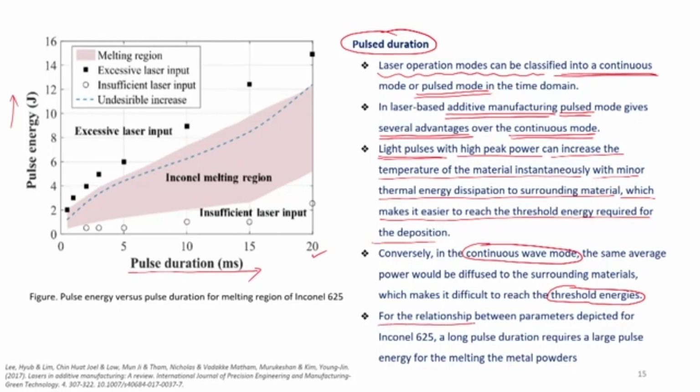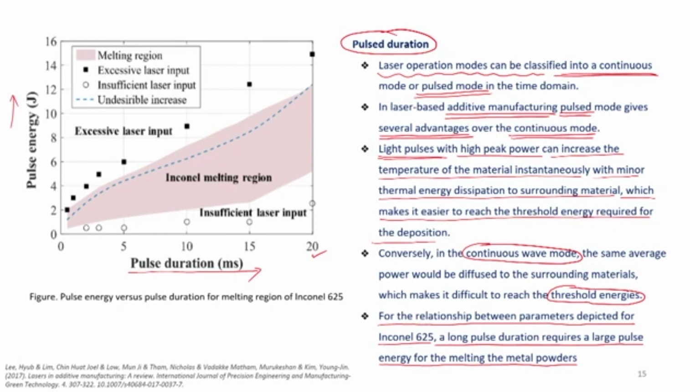For the relationship between parameters depicted for Inconel 625, a long pulse duration requires a large pulse energy for melting the powders. So, for Inconel, which is a high strength material, we have to go for these pulses with high peak power.